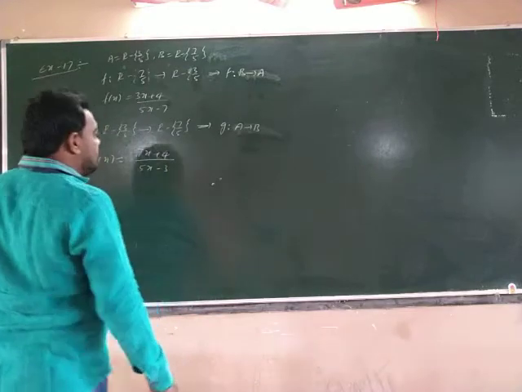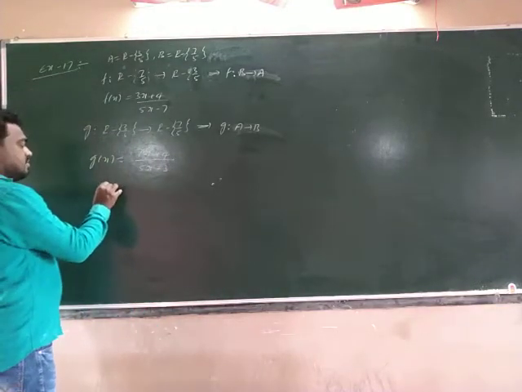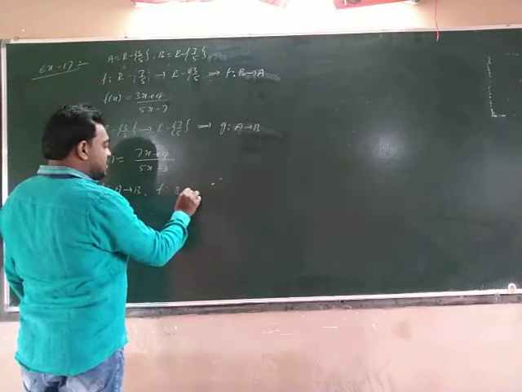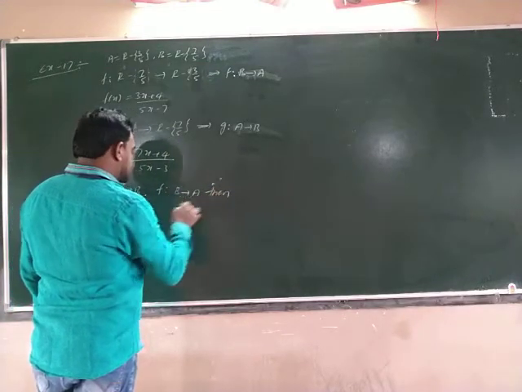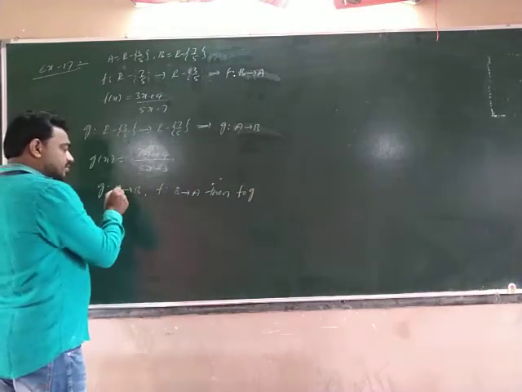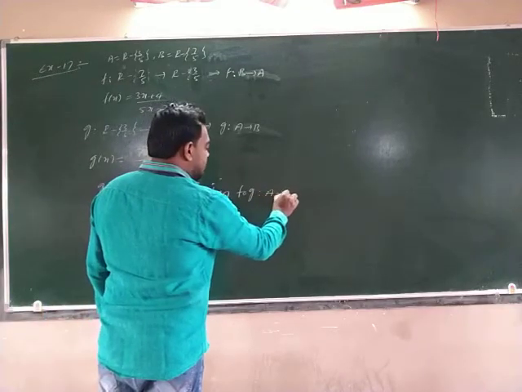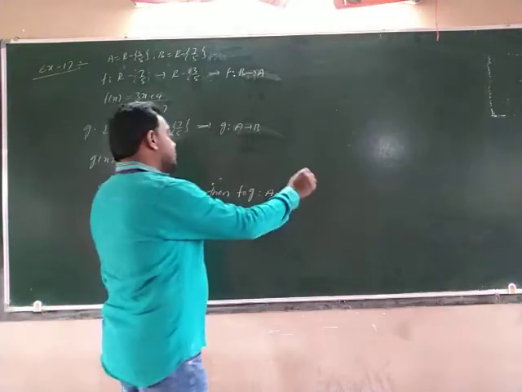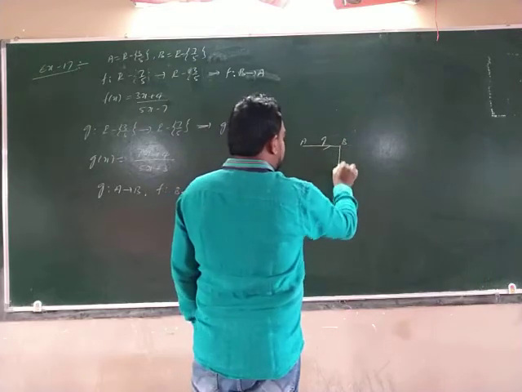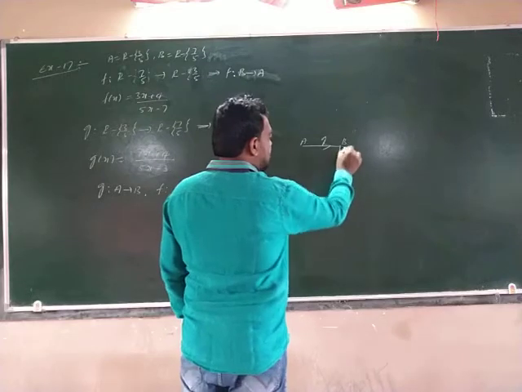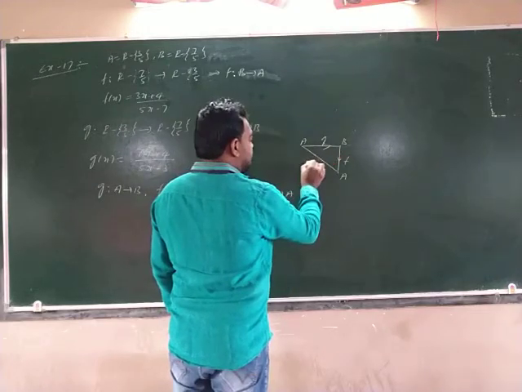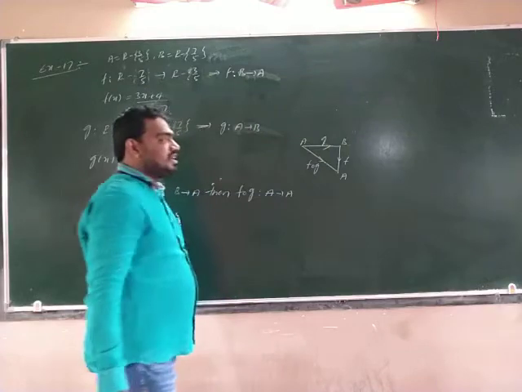First, f circle g, where is it mapping from and to? g is mapping from A to B, and f is mapping from B to A. Then f circle g is mapping from A to A. This is the process.